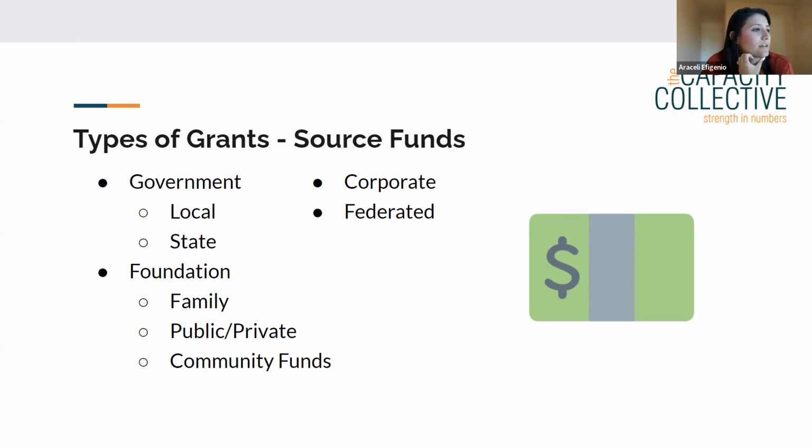And there's also federated grants. Those are funds that are raised from businesses and local company workers to then distribute to nonprofits. Another local example would be Boeing, which has a program that gives out federated funds. But again, corporate and federated source funds are typically less common for nonprofits.